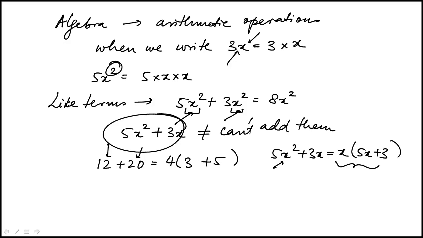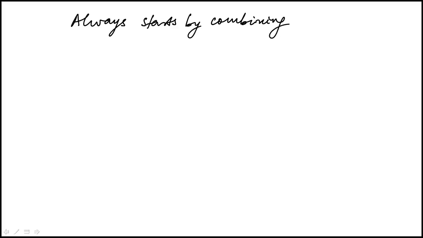Now, in general, if you're given a lot of different terms, and there are terms that could possibly be combined, always start by combining like terms. I would say in general, that's a good rule on the GRE.